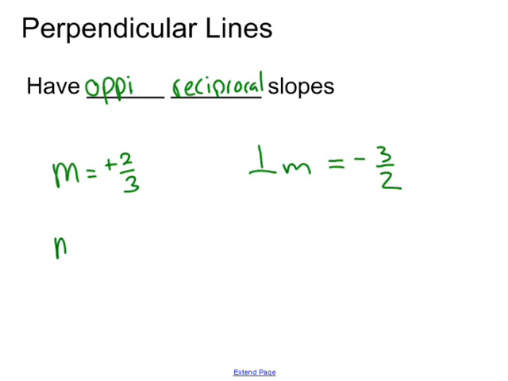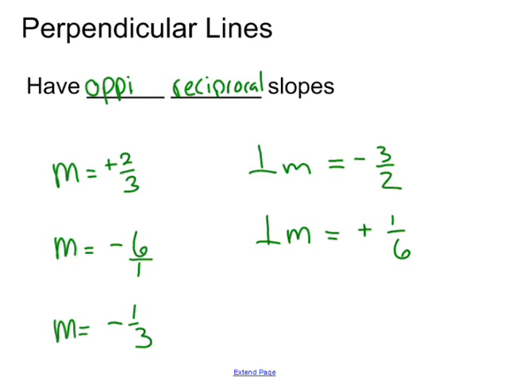If my slope is -6, then my perpendicular slope will be opposite, so now it's going to be positive, and you flip this, so 6 is really 6 over 1, so now this becomes positive 1/6. Similarly, if I have -1/3 for a slope, then my perpendicular slope is going to be flip that fraction, so now it's 3 over 1, and change the sign. Since this is negative, this is positive.